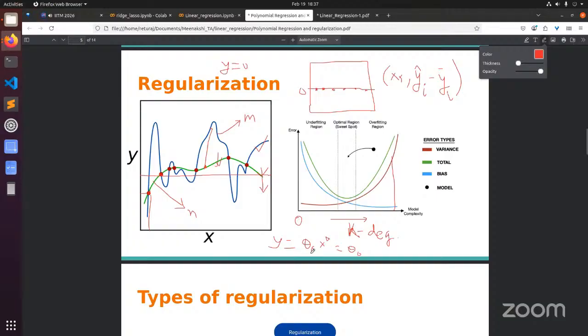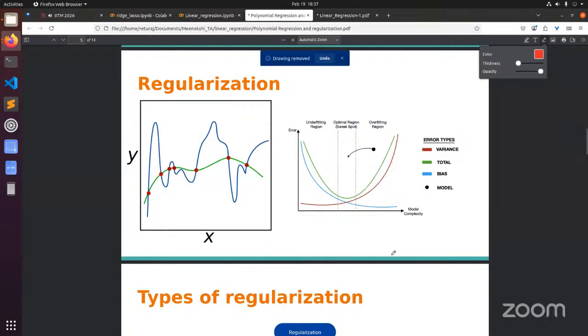Is everyone with me? Since x to the power 0 is 1, for any value of x you are simply predicting the same constant theta naught, right? So the model complexity here is the kth order polynomial, and 0 is here, and it goes to a higher value. You can go to whatever number you want, like infinity.